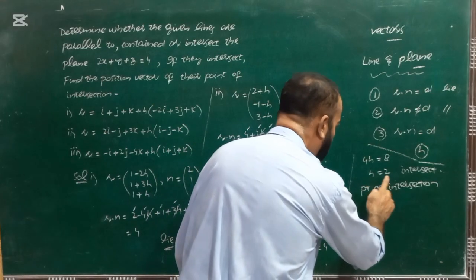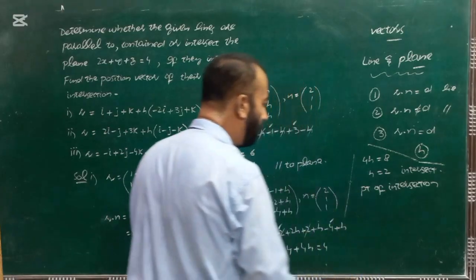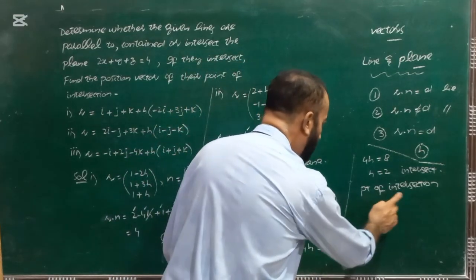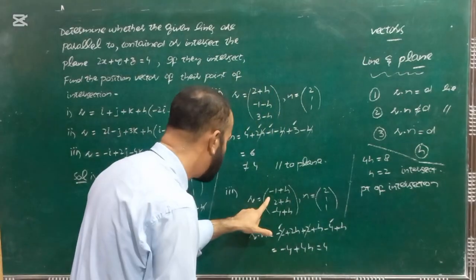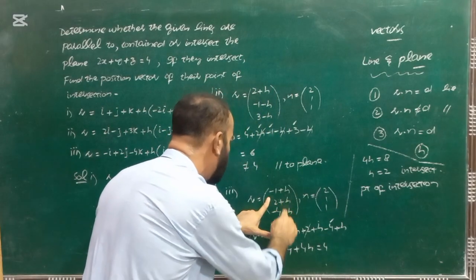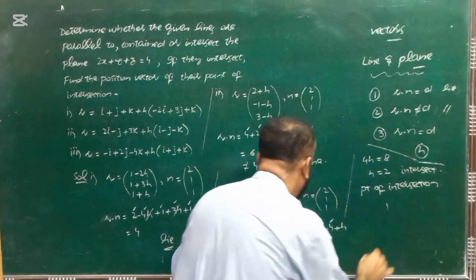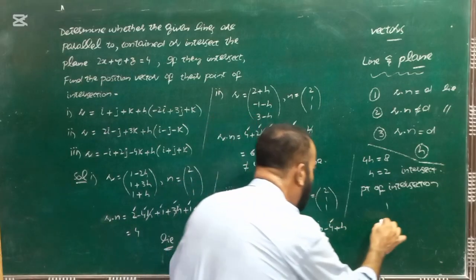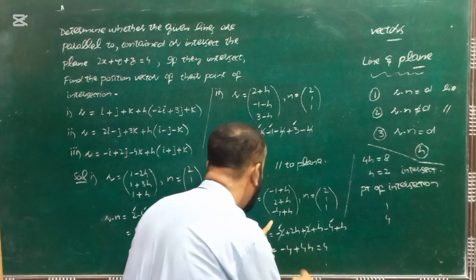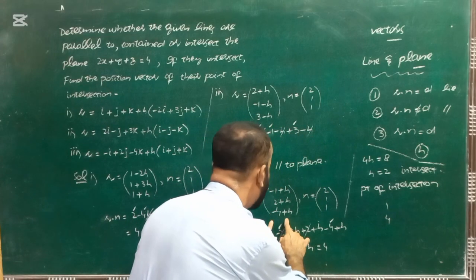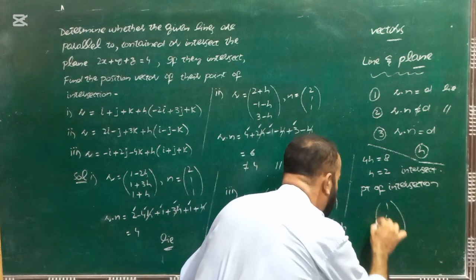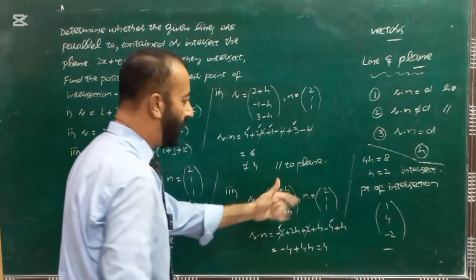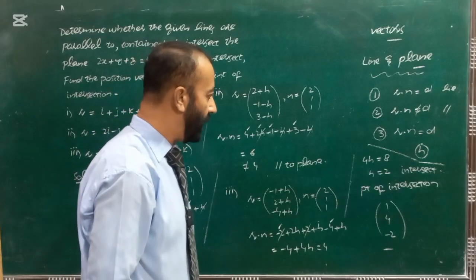So to find the point of intersection, putting lambda equal to 2 into this one. So minus 1 plus 2 will be 1. 2 plus 2 will be 4. And minus 4 plus 2 will be minus 2. So this is the point of intersection of the line and the plane.